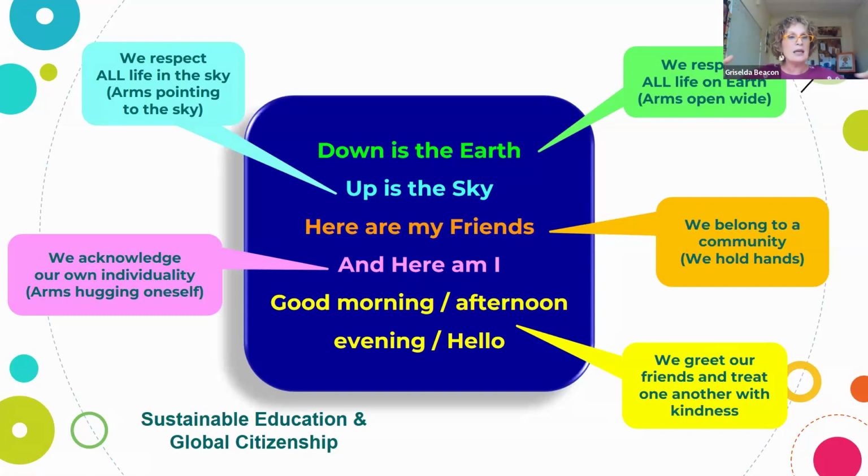And then we say, here are my friends, and we hold hands, and we create a circle of young learners holding hands, because we show that we belong to a community. And when we say, here I am, it's because we also acknowledge our individuality. And when we say hello, it's because we greet our friends and treat one another with kindness.